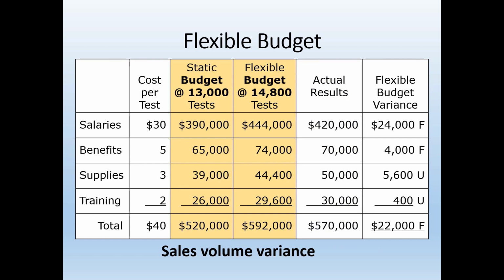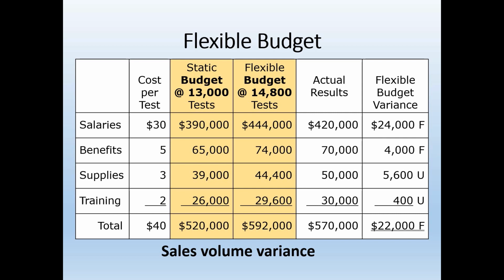A different comparison can be made by finding the difference between the static budget prepared at the expected activity level before the period starts to the flexible budget prepared at the actual activity level after the period is over. We can see here that the flexible budget total is much higher than the static budget total.